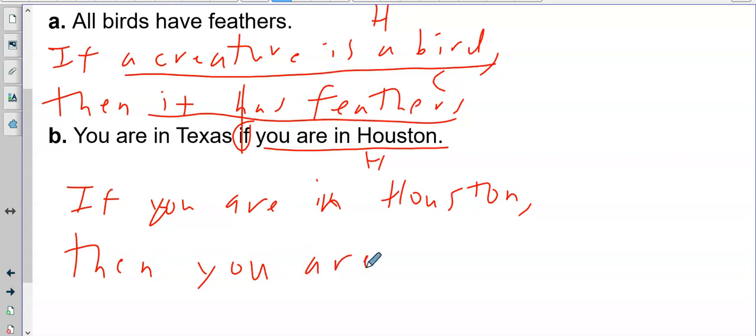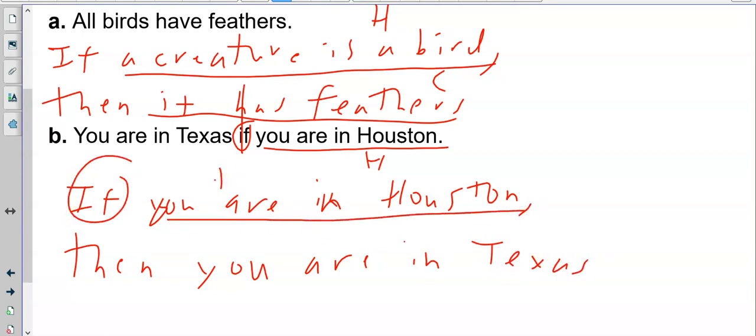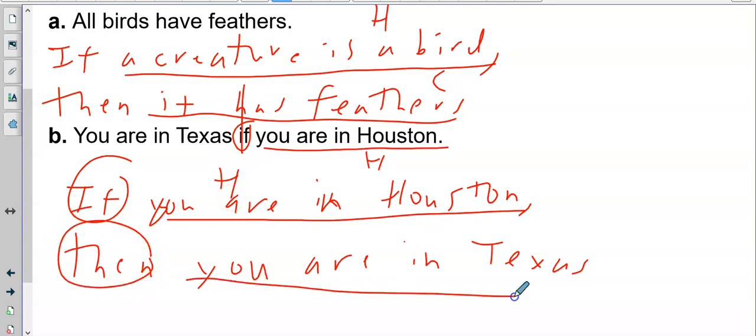This one is just missing the then. And it wouldn't make sense to start off saying, then you are in Texas if you are in Houston. It doesn't make sense. So here's my if. The statement after that is my hypothesis. Here's my then. The statement after that is my conclusion.